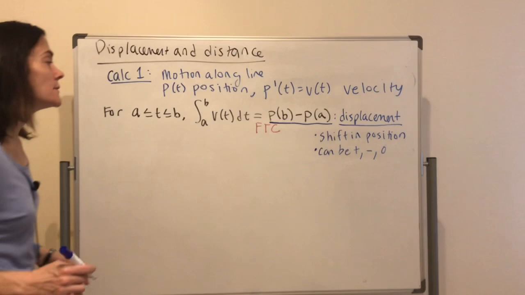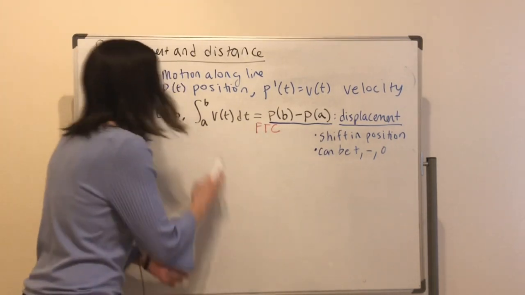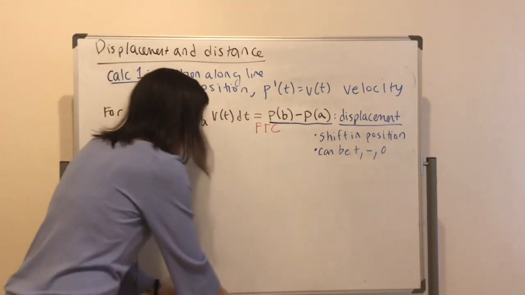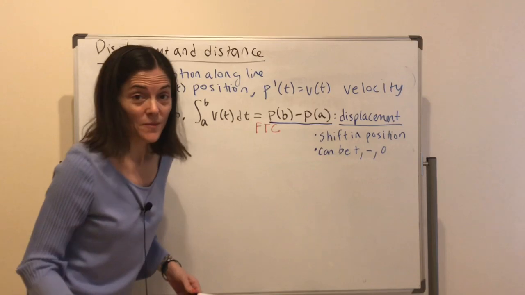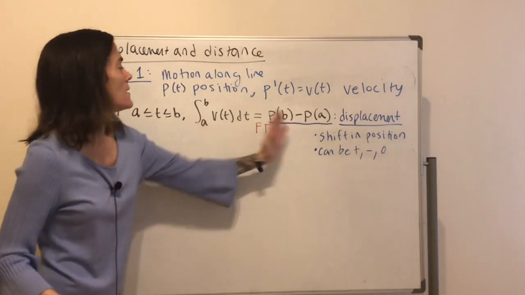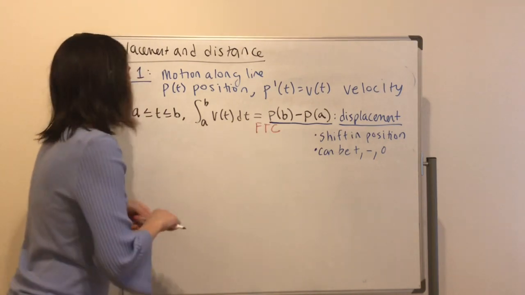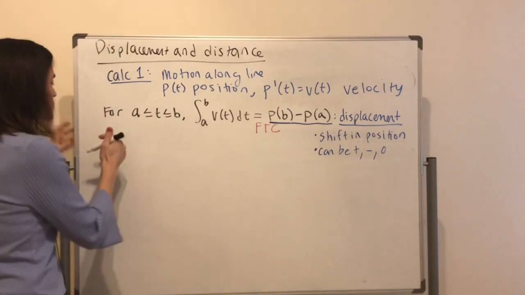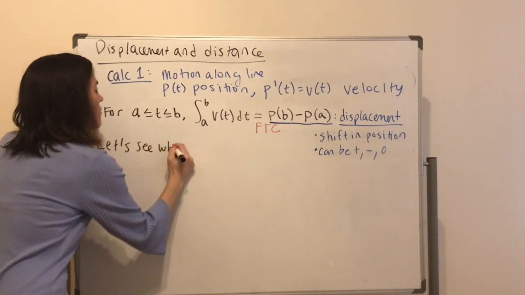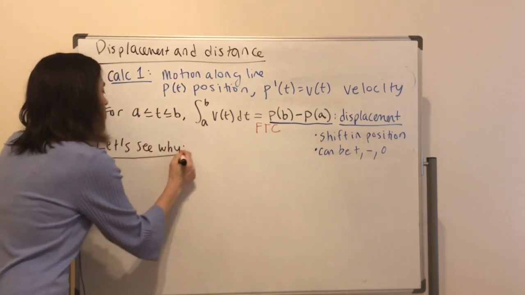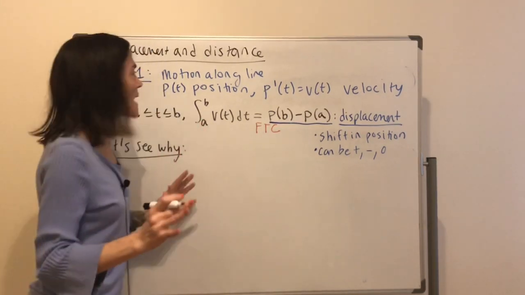Now, what I want to do before we just jump into this one is go back and see, without thinking about the fundamental theorem of calculus, why when we integrate velocity, we get displacement. Because this really uses the Riemann sum, which all of the applications do.